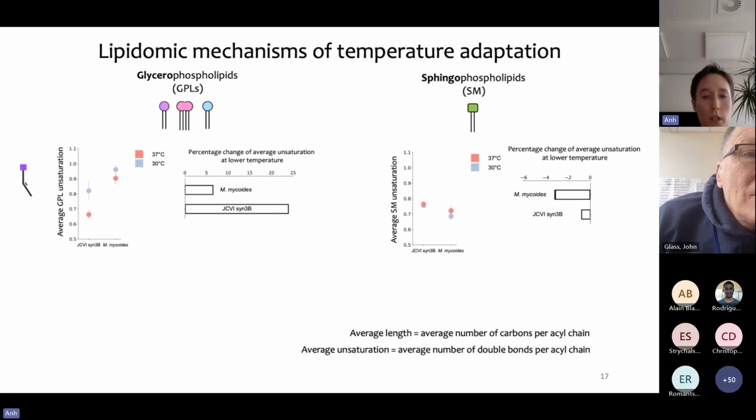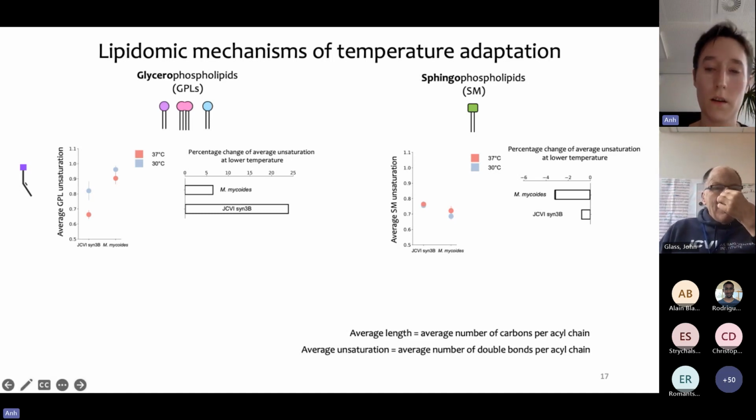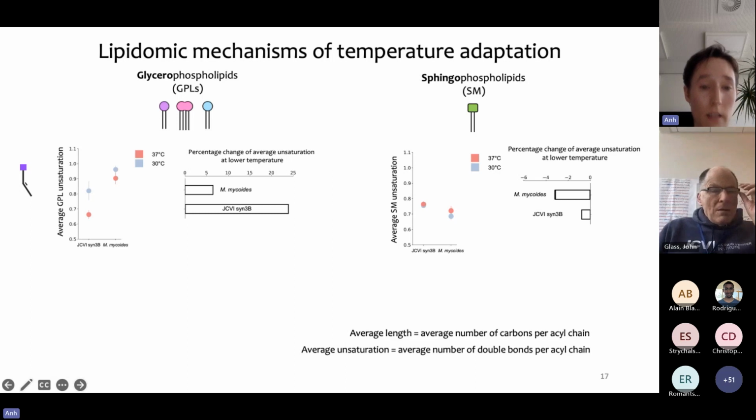So this result shows us that while Mycoides implements a slight change of both sphingolipid and glycerophospholipid acyl chain unsaturation, for Syn3B, large modifications in sphingomyelin are pretty much not available, and instead the minimal cell chooses to modify the glycerophospholipids.